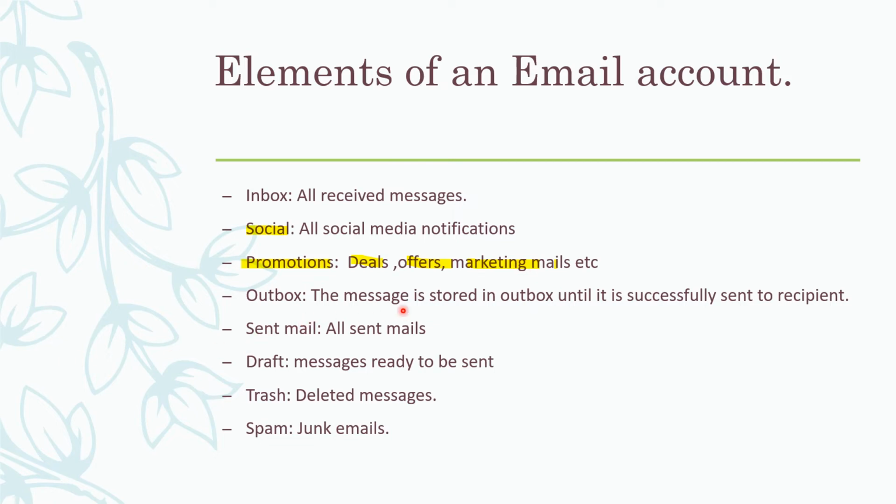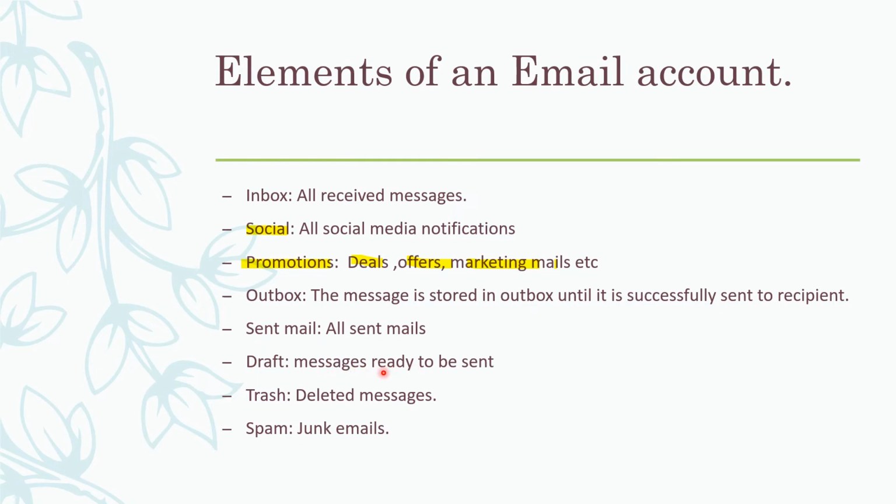Outbox: the message is stored in Outbox until it is successfully sent to the recipient. So this is a kind of temporary storage for your messages till the time they get delivered. This is different from drafts, because in drafts you can deliberately keep messages stored.